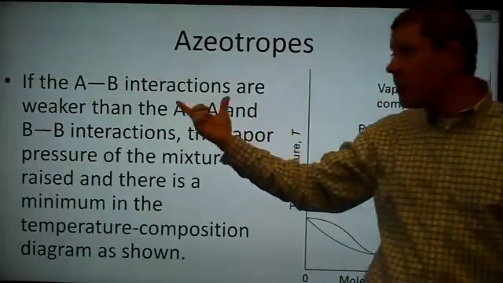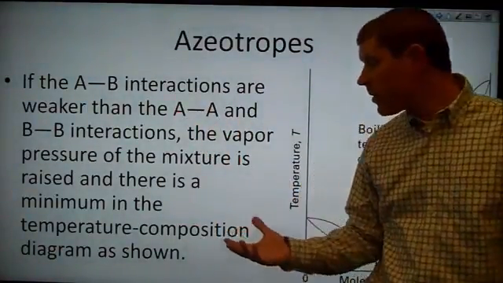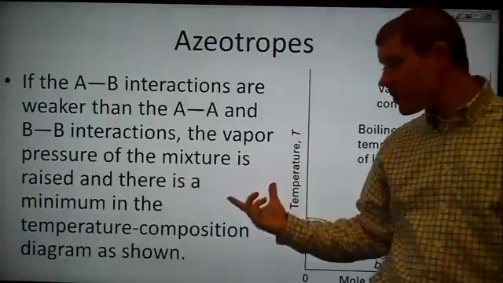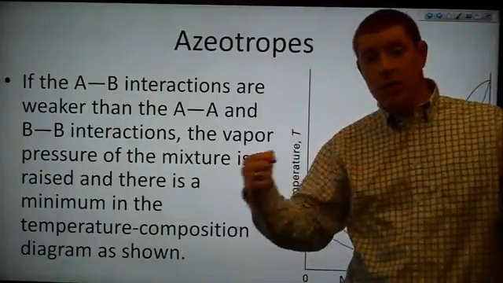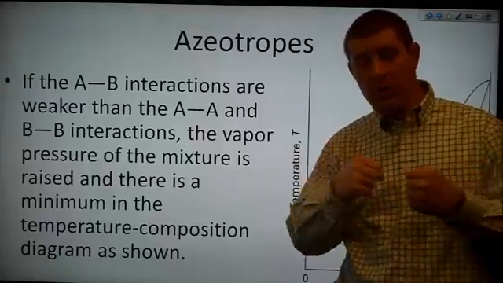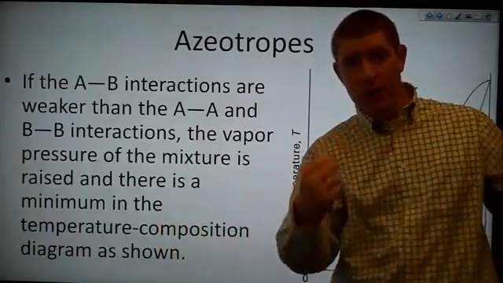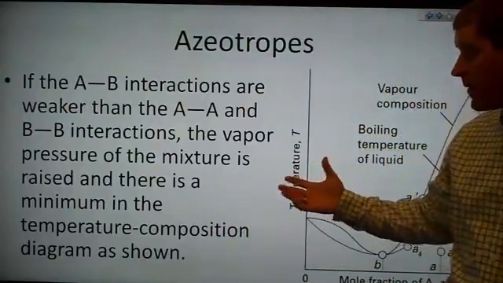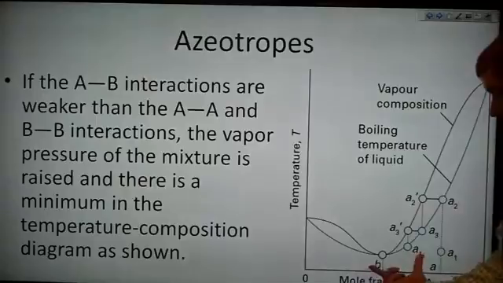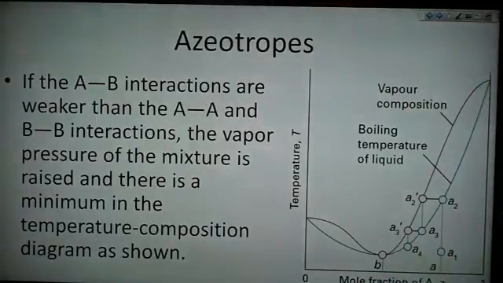On the other hand, if the AB interactions are weaker than the AA and BB interactions, this means that the vapor pressure of the mixture is going to be elevated, because now it's easier to separate the A and B molecules from each other than the A molecules from themselves and the B molecules from themselves in the pure A and B. And this means that there's a minimum in our temperature composition diagram, that we see something like this.